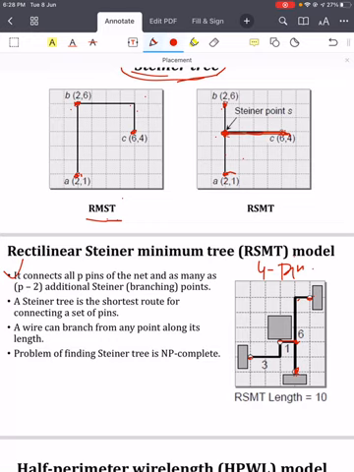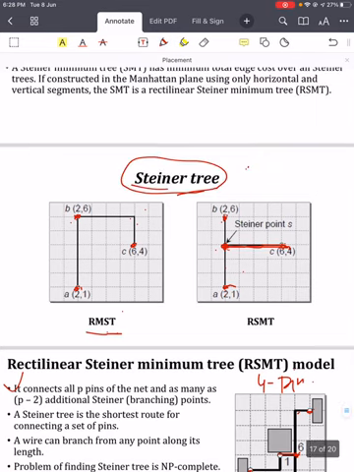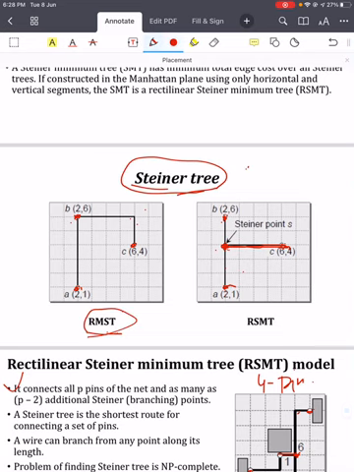Now I hope you have understood what a Steiner tree is and what the difference is between a normal spanning tree and a Steiner tree. A Steiner tree can have branches along its wires, but in a normal spanning tree we can't take any branch from intermediate points along a wire.